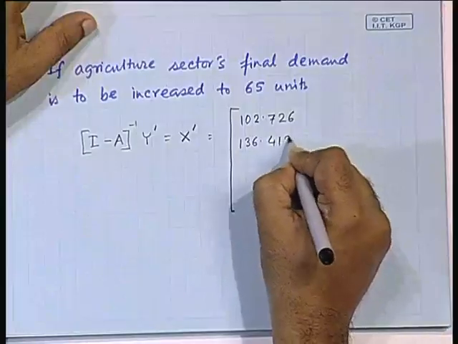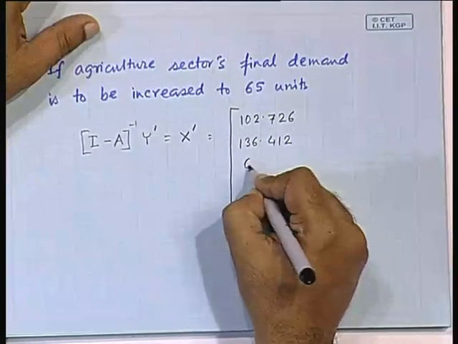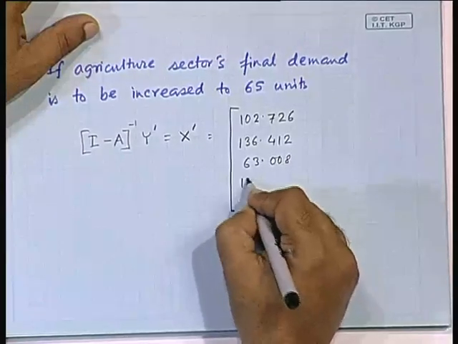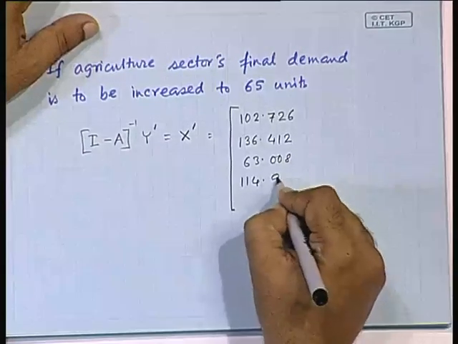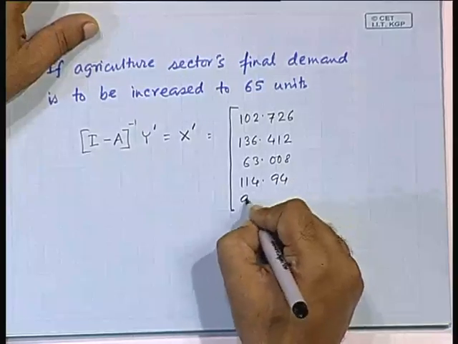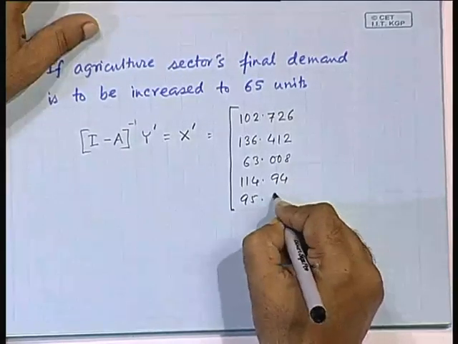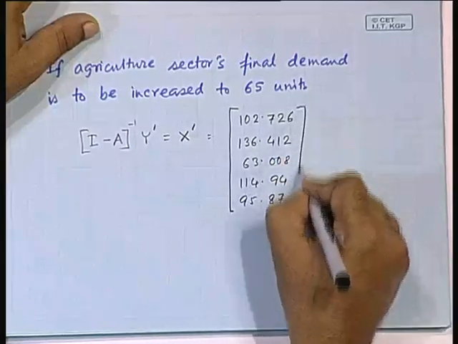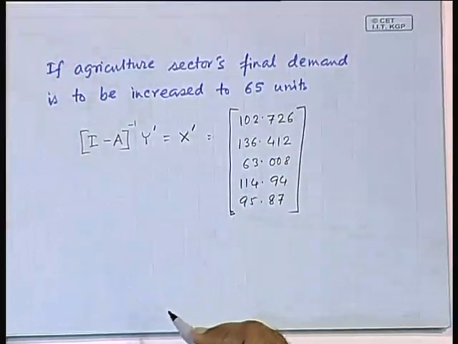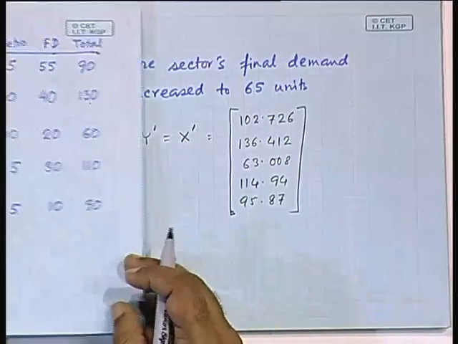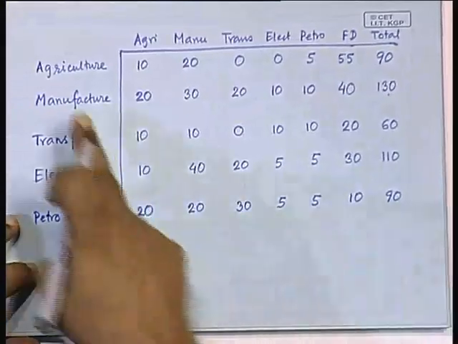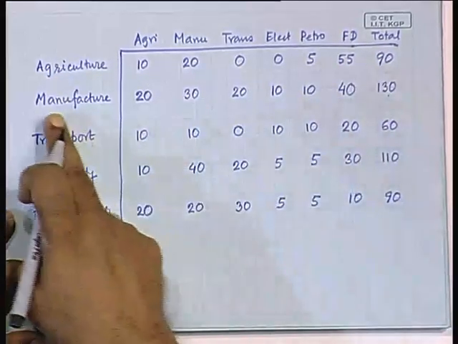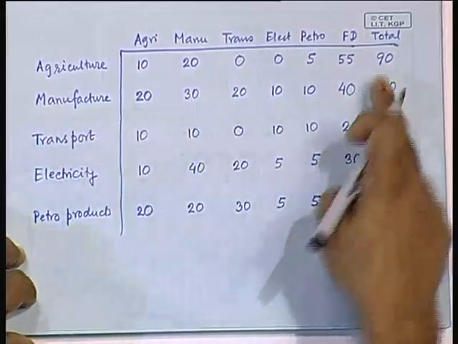So, you have 63.8, 114.94, 95.87. What does it mean? It means, see, earlier the agricultural sector's total output was 90, manufacturing sector's total output was 130, and so on and so forth.